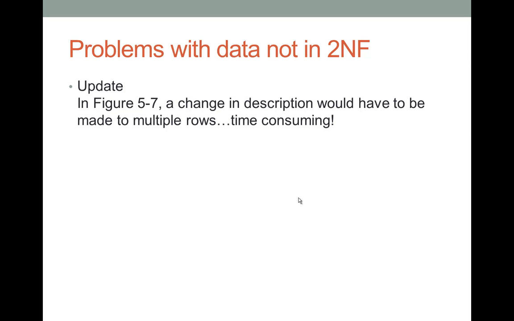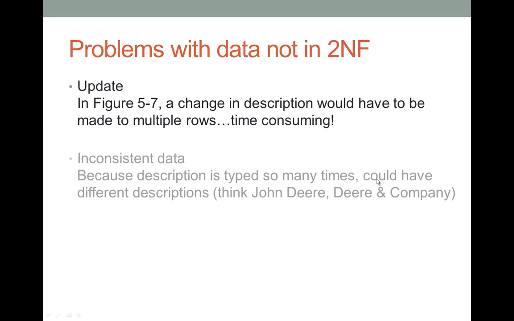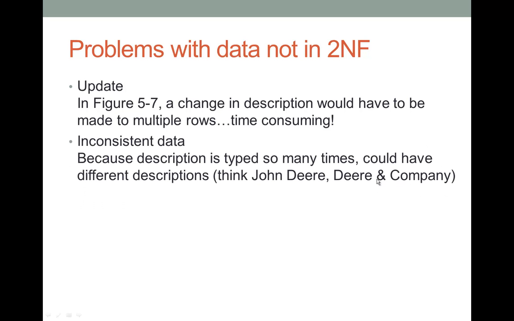That could be very time consuming to update. And then it can lead to inconsistent data because you typed it in so many different times and had to go through and edit it. If one time you did space XL, another time you just did gas range XL without a space, etc. Now you don't even have like descriptions.